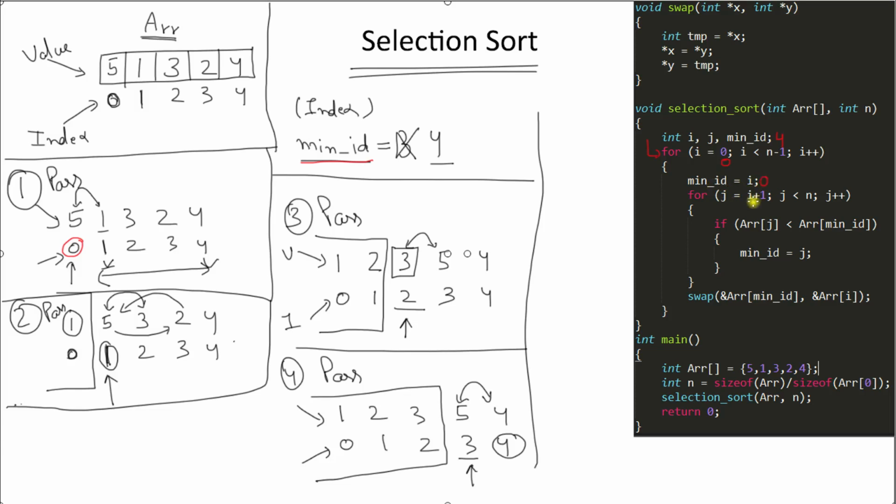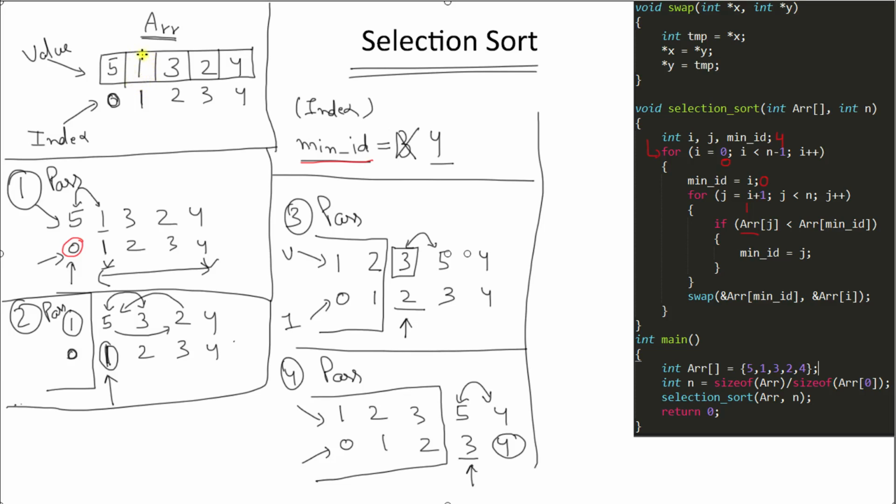This j is equal to 0 plus 1, in that case it is 1, and 1 is less than n. n is 5 here, so this is true. And you will go inside, array of j position. j is 1, so 1 is this position.